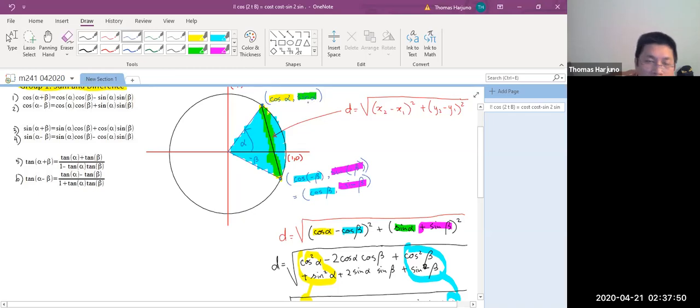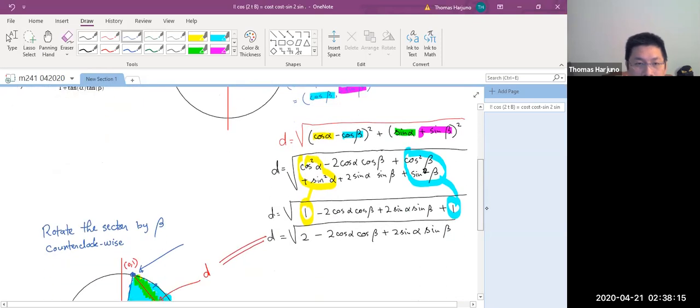I mean, we learned that a long time ago. I just don't know how much you remember that, but we need to remember that. If the central angle from the positive x-axis counterclockwise is alpha, then the coordinate on the unit circle corresponding to that angle is cosine alpha, sine alpha.